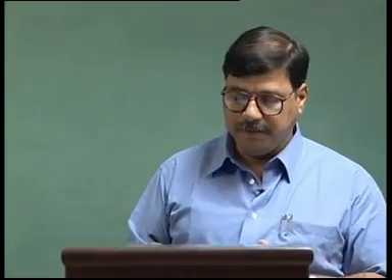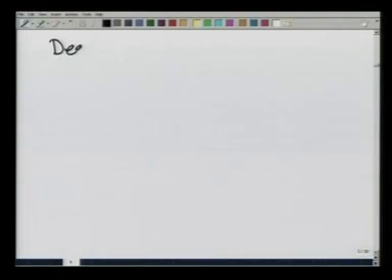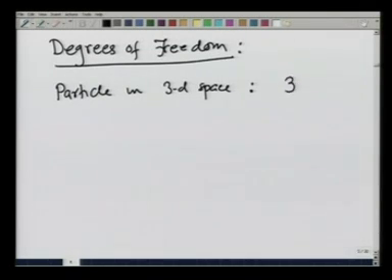So, for example, we are talking about degrees of freedom. Again, the number of parameters required to specify a system. For example, if I take a particle in 3D space, the number of degrees of freedom is 3.